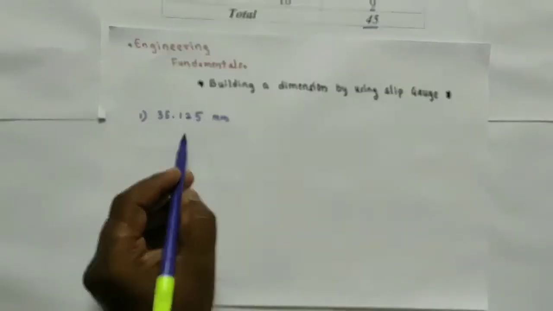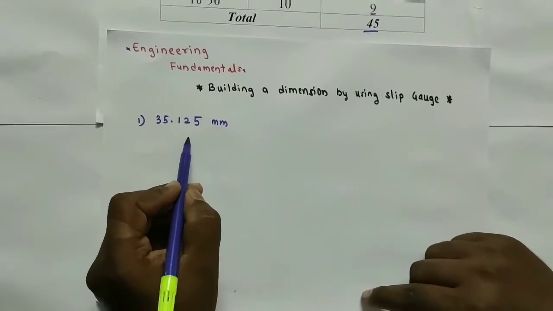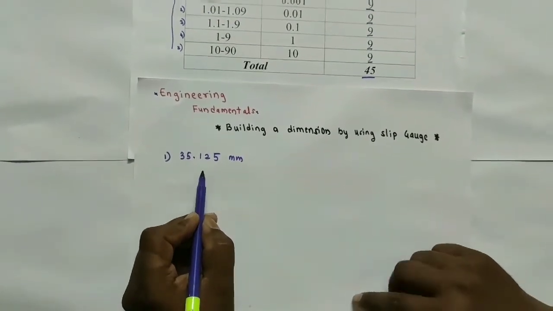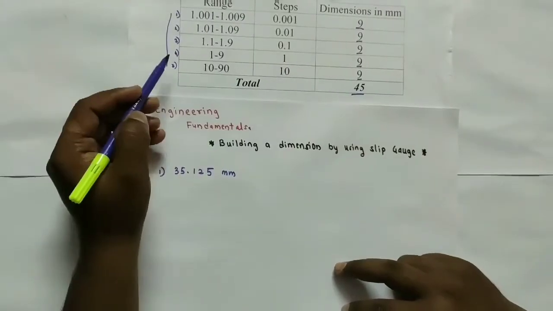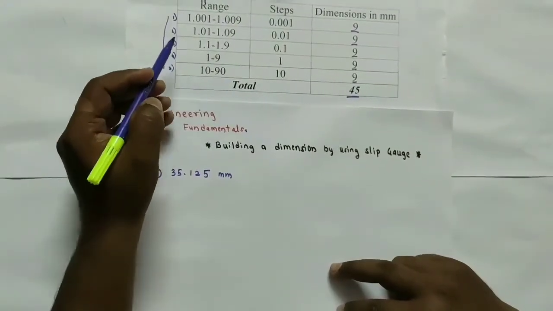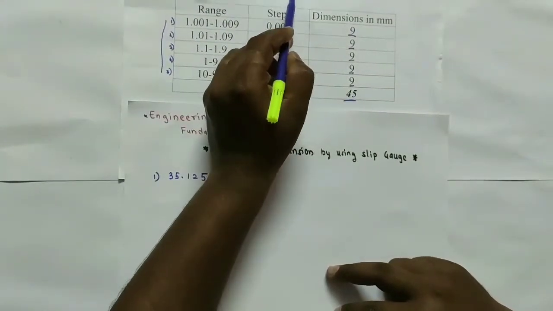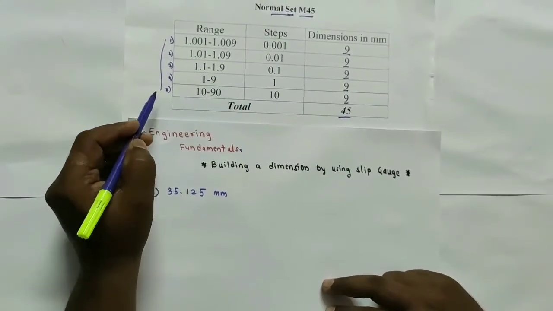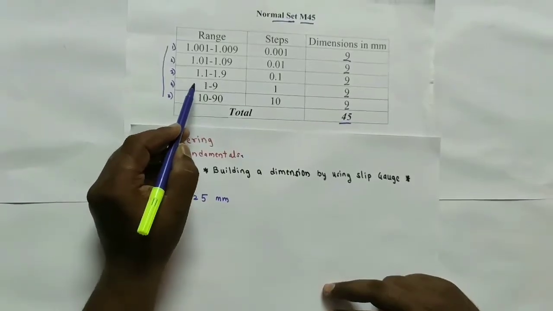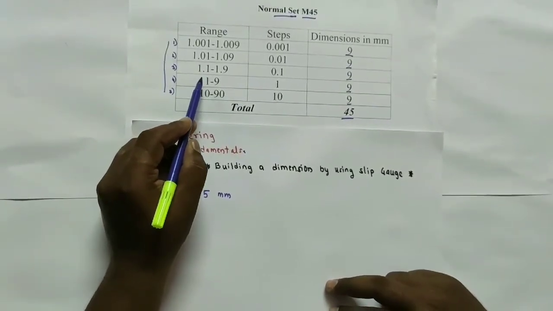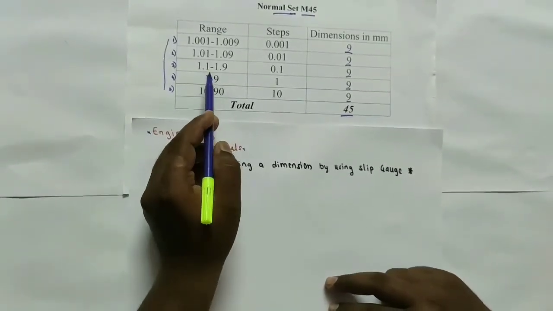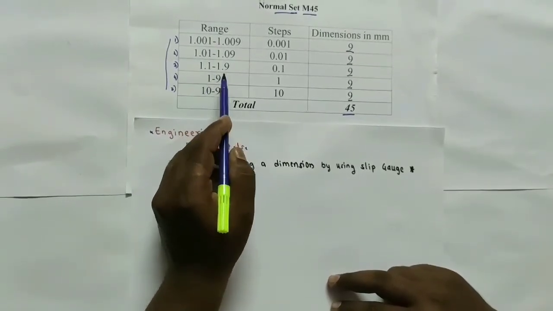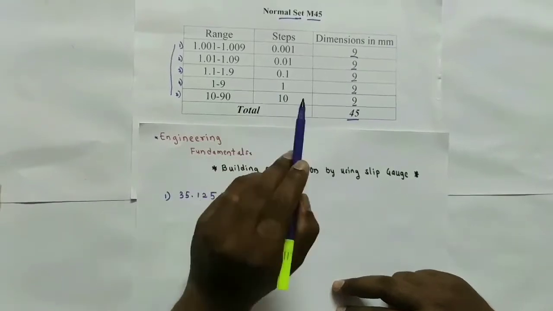While building this dimension we have to keep in mind 3 rules. First rule, whichever slip gauge you are using, that must be available in the standard set. Second rule, whatever slip gauge you are using, you have to use one at a time. If suppose you are using 1.1, then you have to use 1.1 one at a time.